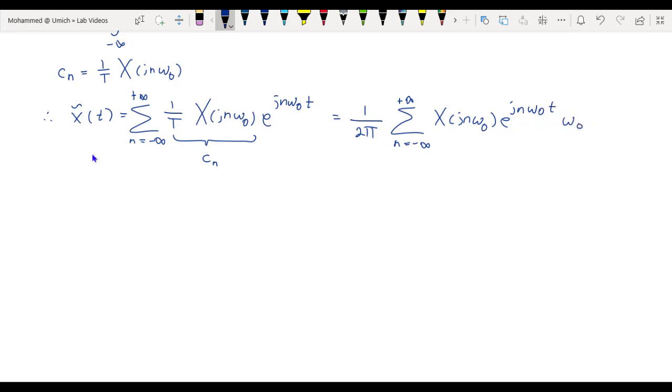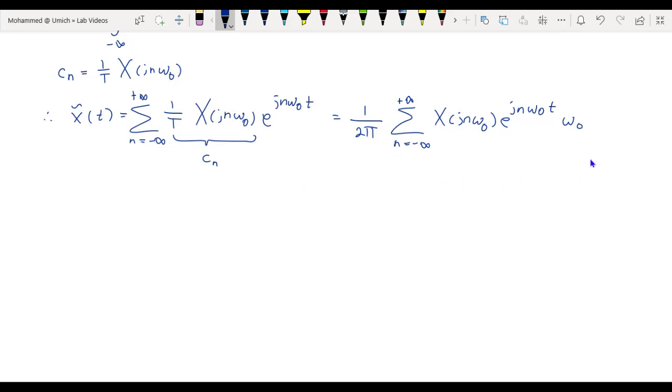And as T goes to infinity, x tilde of t approaches x of t itself, and the right-hand side of this equation for x tilde of t becomes a representation of x of t. Also, as the period T goes to infinity, omega naught goes to 0, which means that this right-hand side becomes an integral.